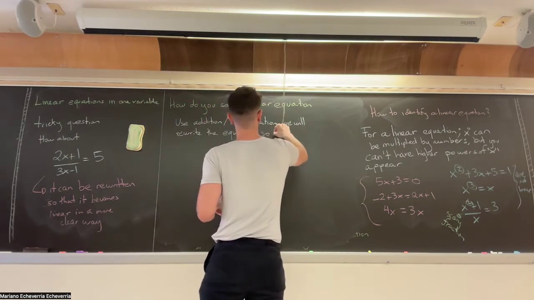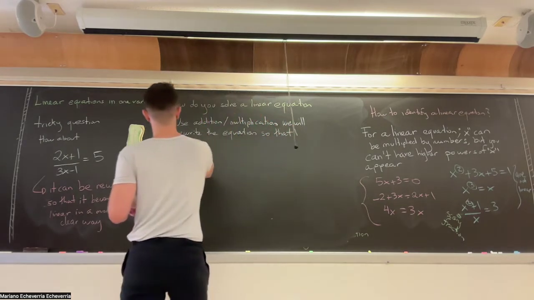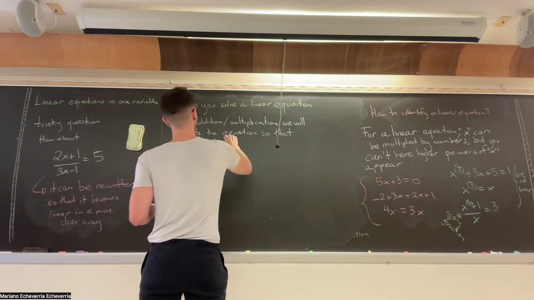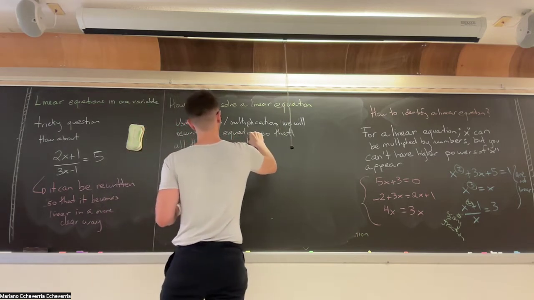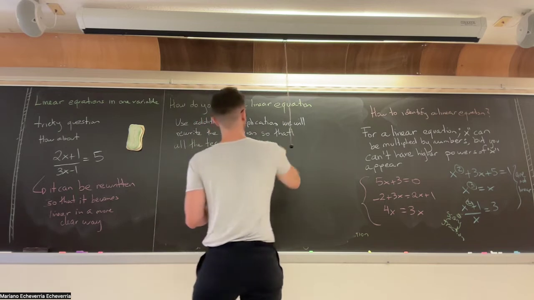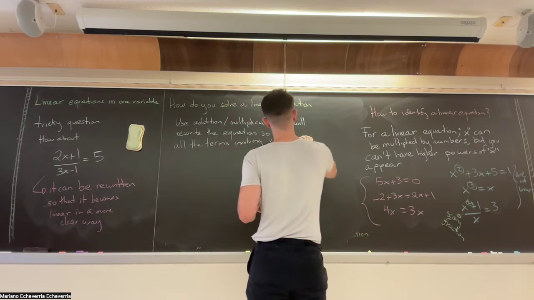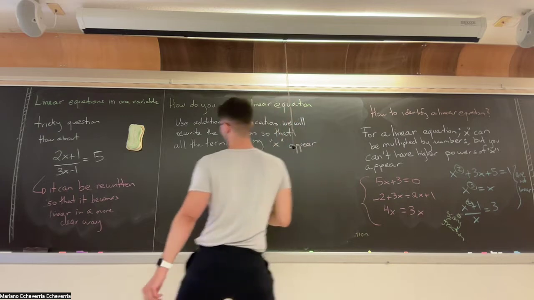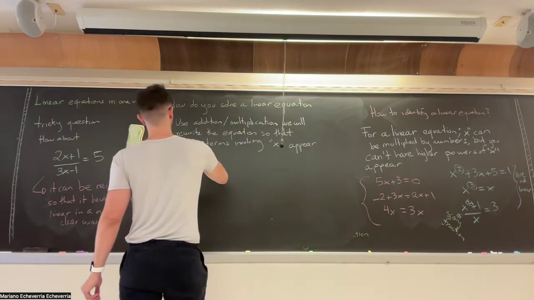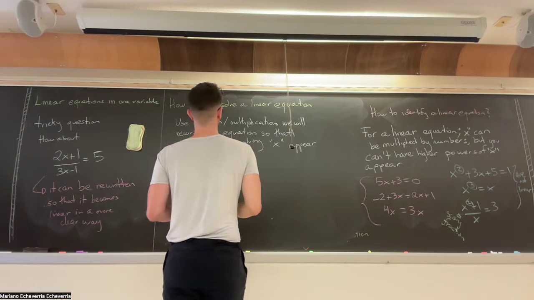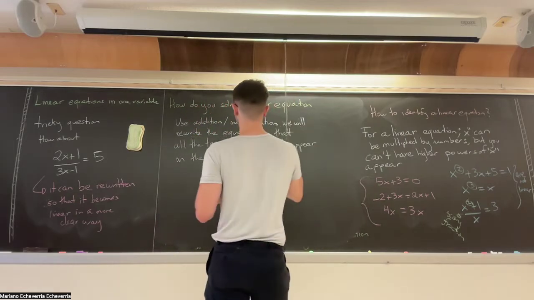So that all the terms involving x appear on the left side, and the rest, the terms without x, on the right side of the equation.